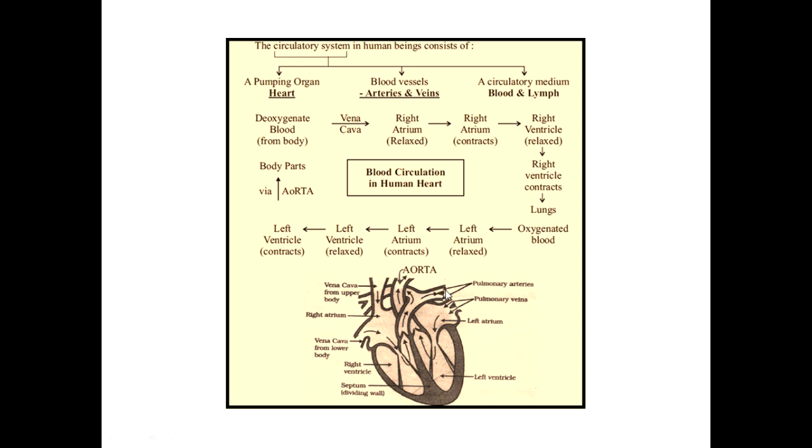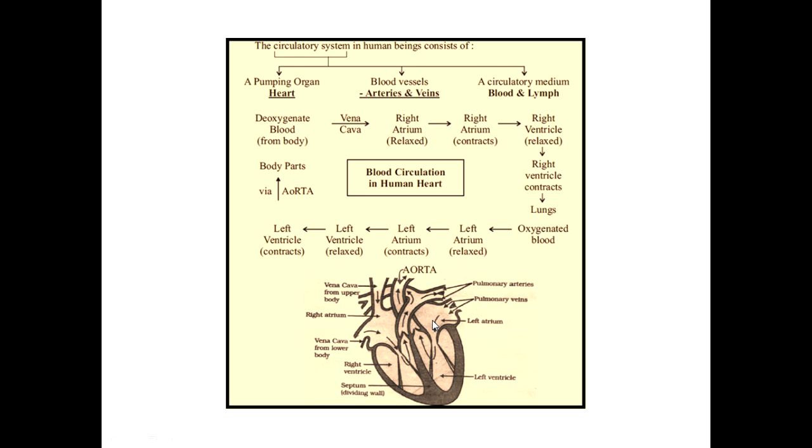The oxygenated blood is then supplied to the left atrium through the pulmonary veins, which are four in number, two from each lung, opening into the left atrium where oxygenated blood is collected.